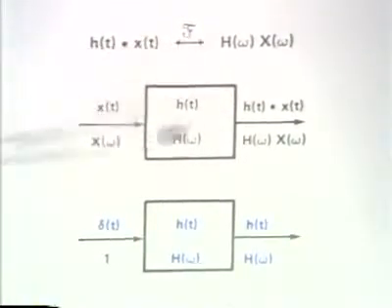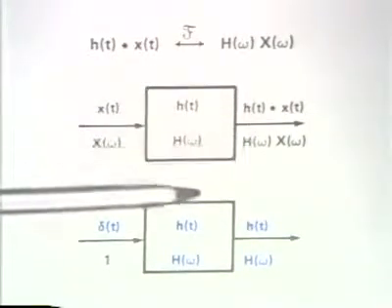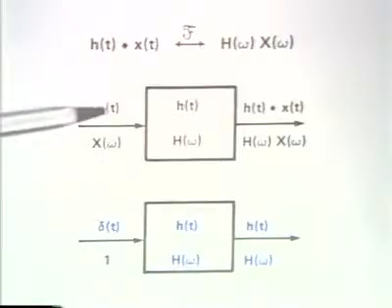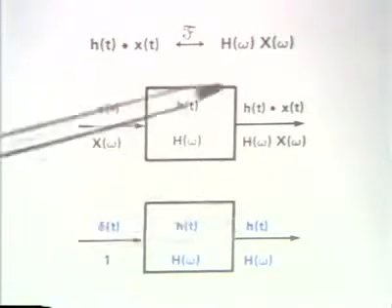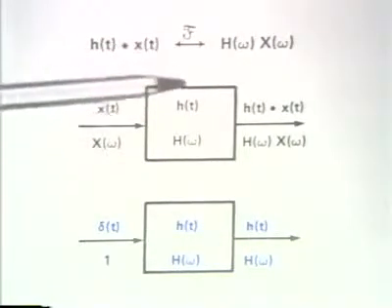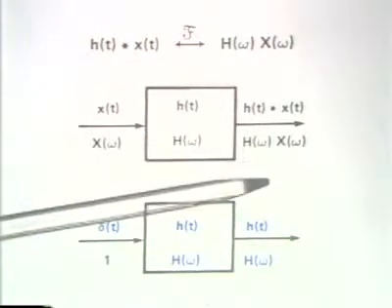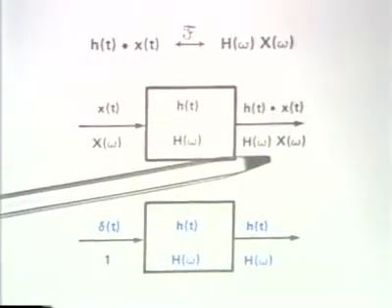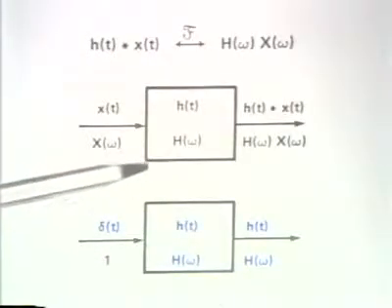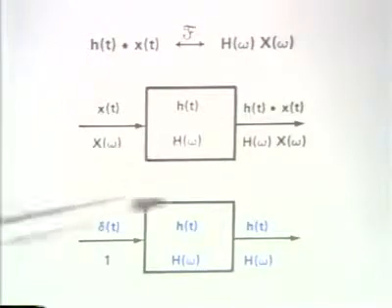So it says, for example, that if I have a linear time invariant system with an input x of t, an impulse response h of t, and the output, of course, being the convolution, then looking at this in the frequency domain, the Fourier transform of the output is the Fourier transform of the input times the Fourier transform of the impulse response.